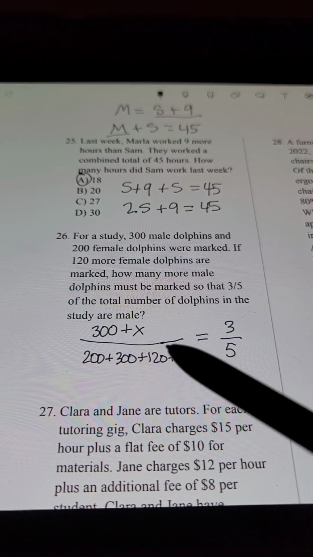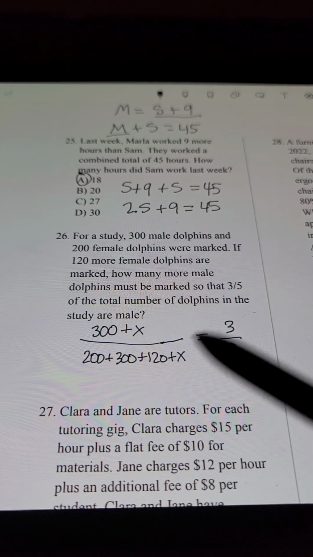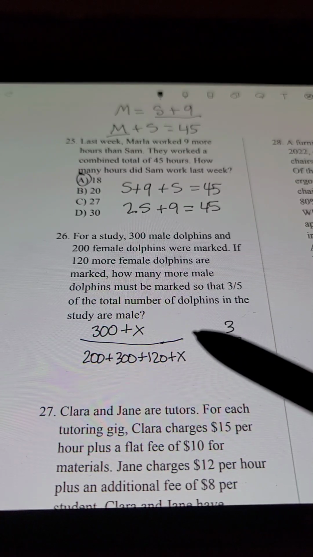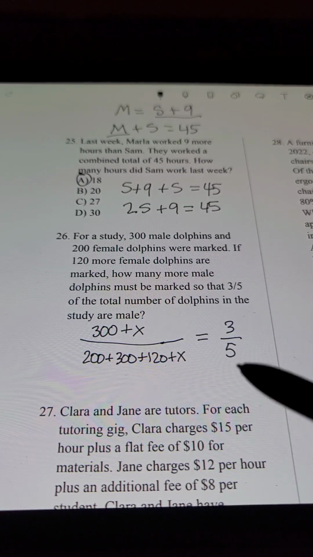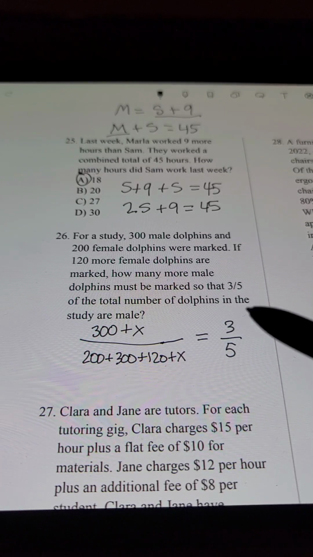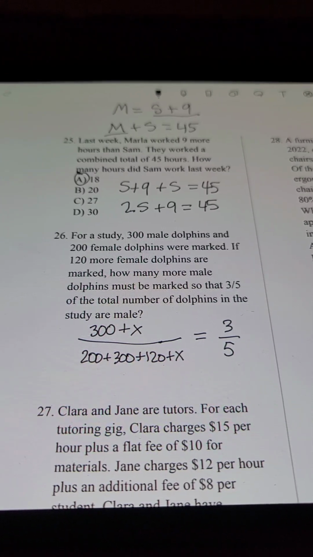So 300 plus X is the males, plus the females would be the 200 that were already marked plus the 120 more that were marked. And the male dolphins to the total dolphins has to be equal to 3/5.